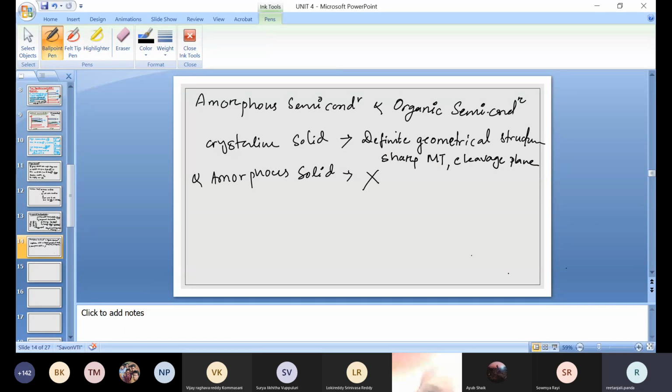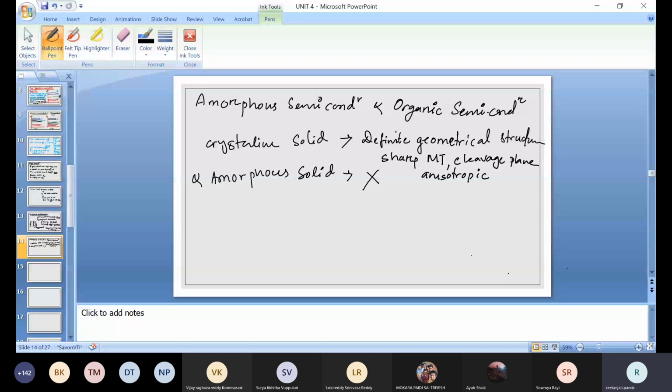That means if you change the direction of the plane, as we have read in crystallographic planes, in one direction a plane shows some property and in another direction it shows a different one. Like I told you, in a crystal one plane might be a good conductor of electricity, but another plane is not conducting. When you change the direction, the properties also change. But in an amorphous solid, that anisotropic nature is not available. It is an isotropic material.